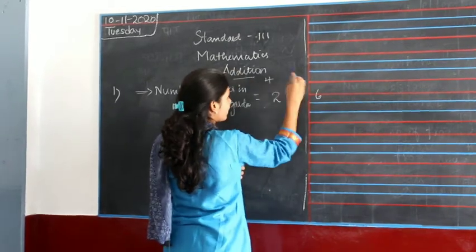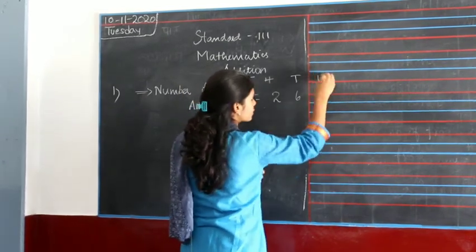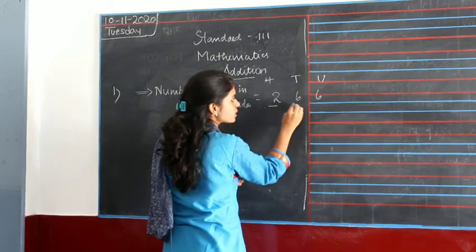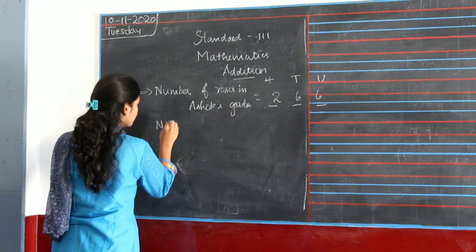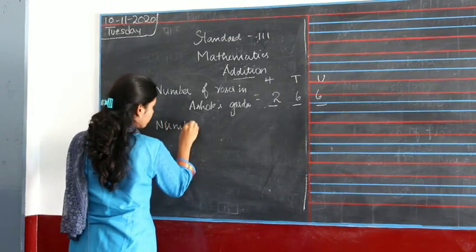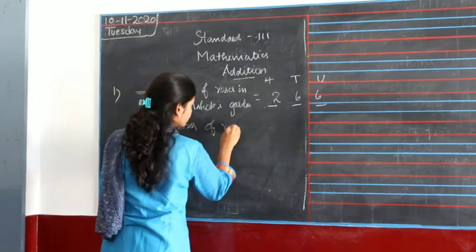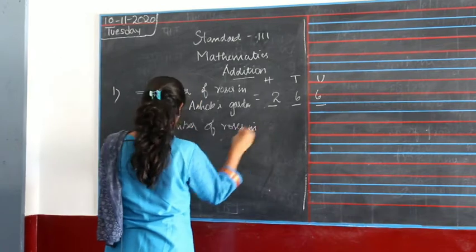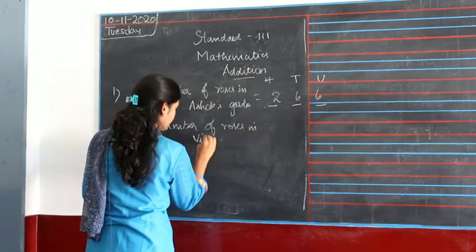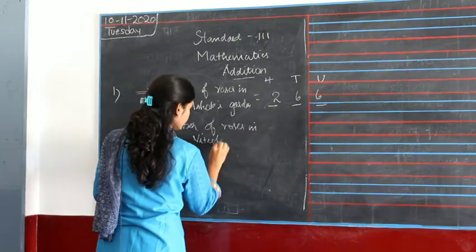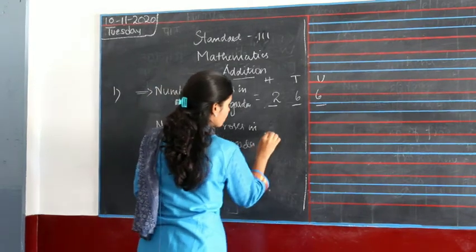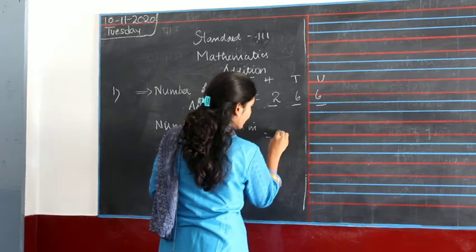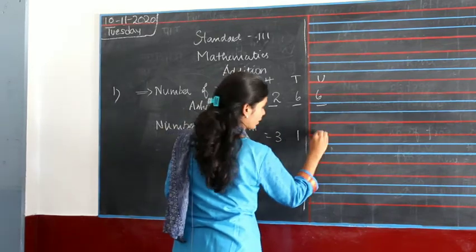This will be 100 and then this is tenth and this is unit. 266. And the number of roses in Nitish's garden will be 314.